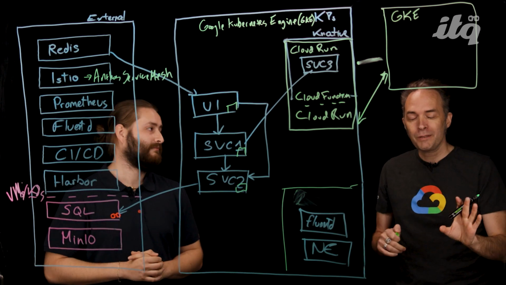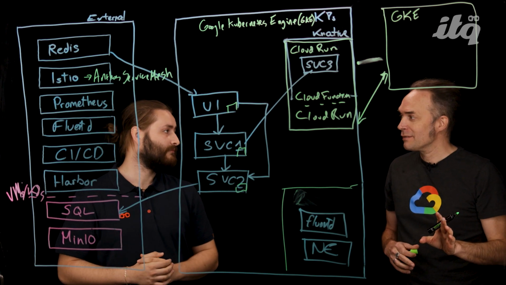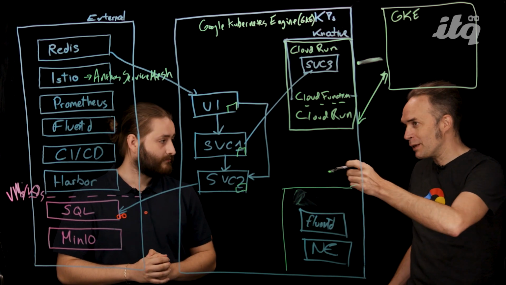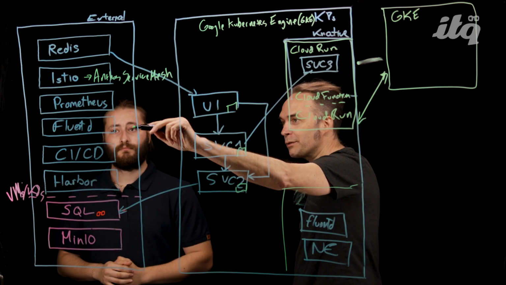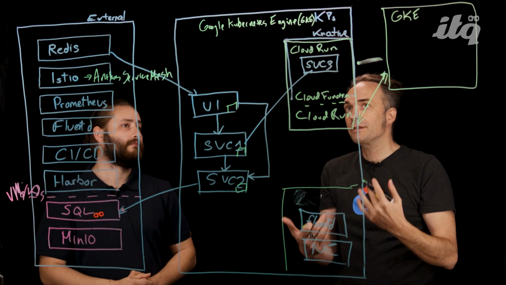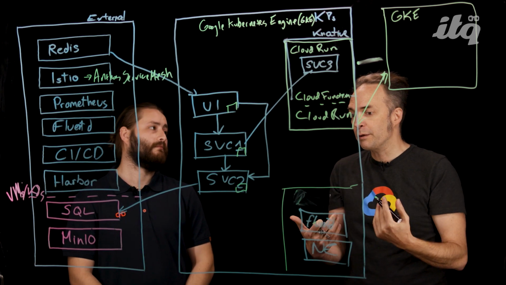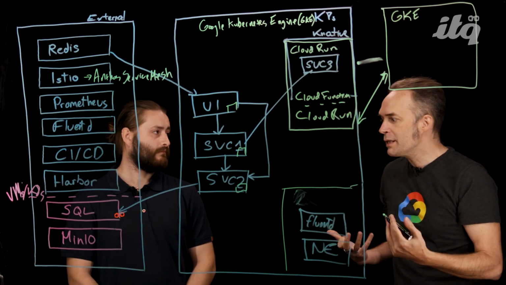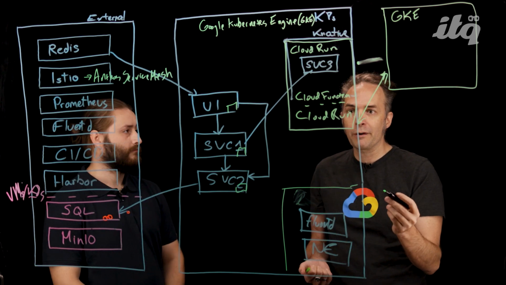Because we were talking about operations, let's continue a little bit about operations. Prometheus and Fluentd is where you're doing a lot of operations. If you are moving this stuff over into Google Kubernetes Engine, you immediately benefit from something we call the Cloud Operations Suite.